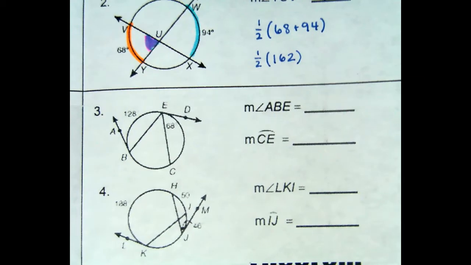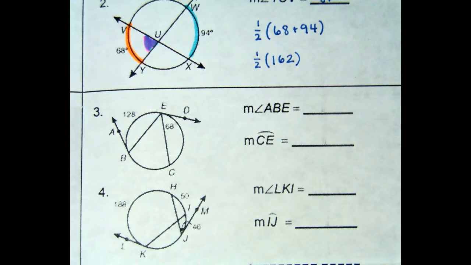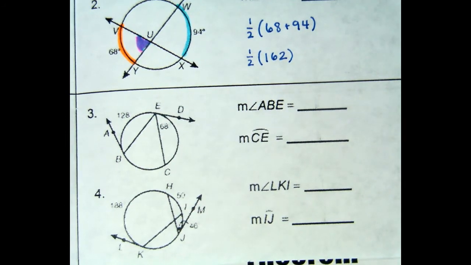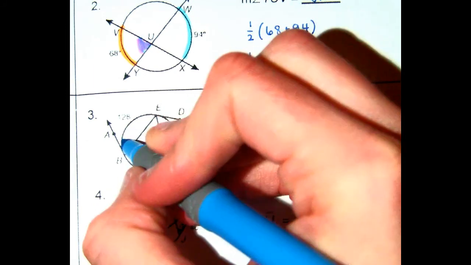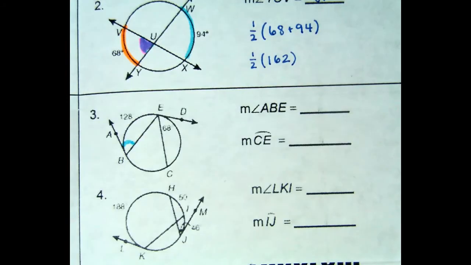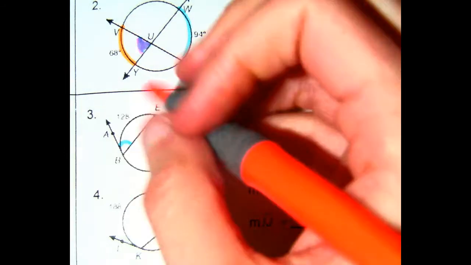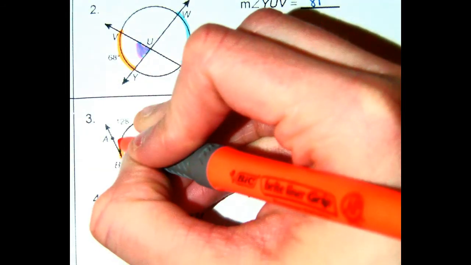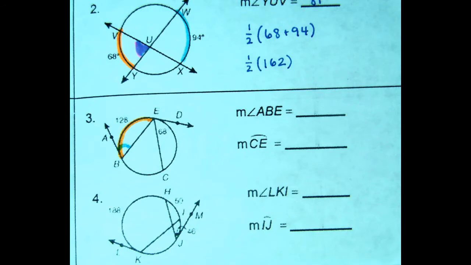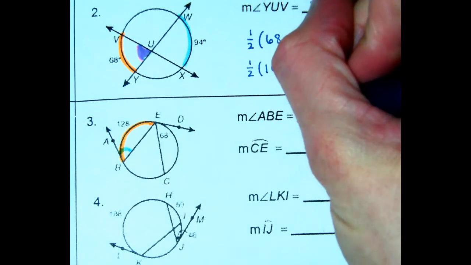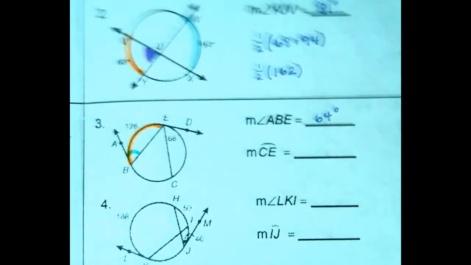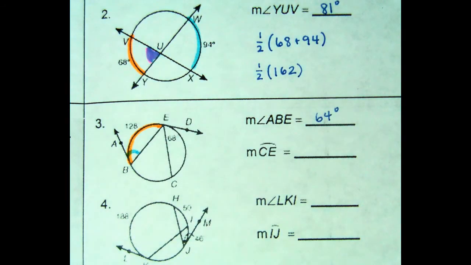So number 3. ABE is what we're looking for. ABE, right here. ABE is equal to what? Half of 128. What is half of 128? 64, you said? Okay. How about when we have to do it the other way?